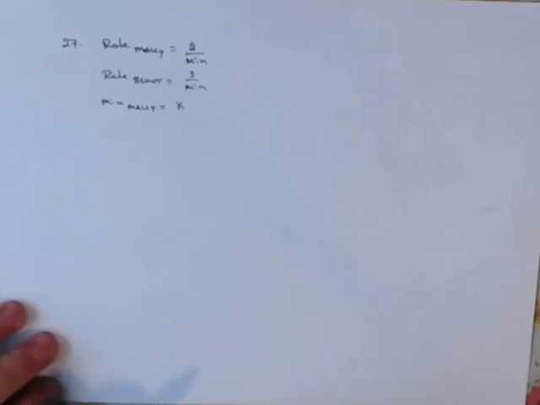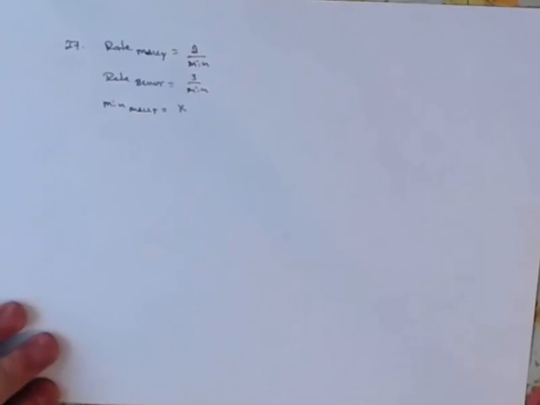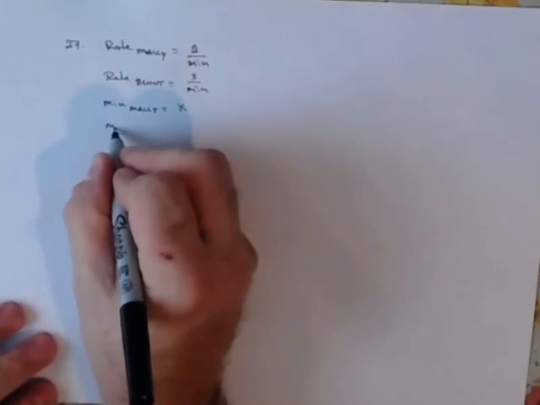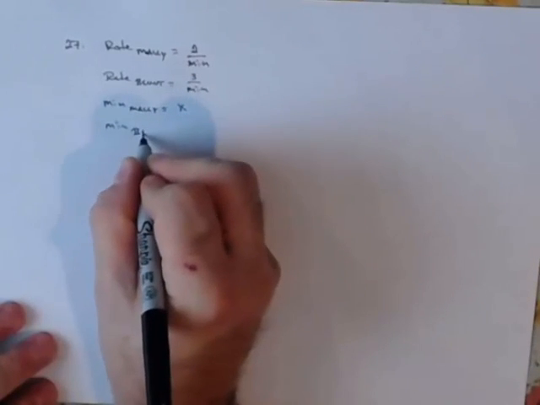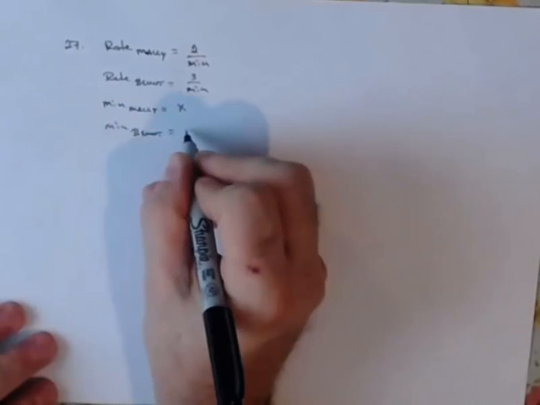And it says in the problem that Mally starts working, and then 5 minutes later her brother Benny starts working. So Benny's time is whatever Mally's time is minus 5 minutes. So if X is the number for Mally, the minutes for Benny is equal to X minus 5.